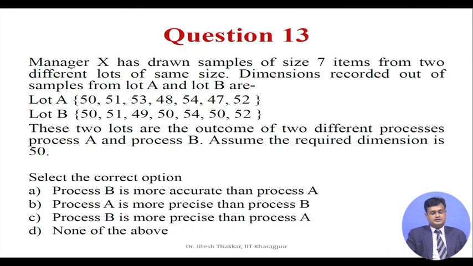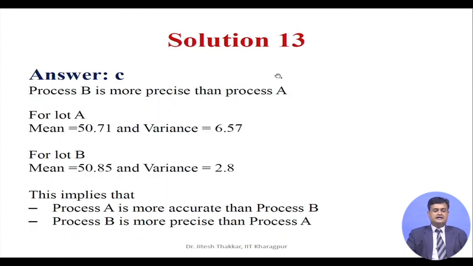You have 4 options on the screen and the correct answer is C. Process B is more precise than process A. The reason, you can see that mean is 50.71 for lot A and variance is 6.57, lot B mean is 50.85, but the variance is 2.8, which is smaller than the variance of process A, and hence process B is more precise, whereas process A is more accurate with the mean value very close to the targeted value.